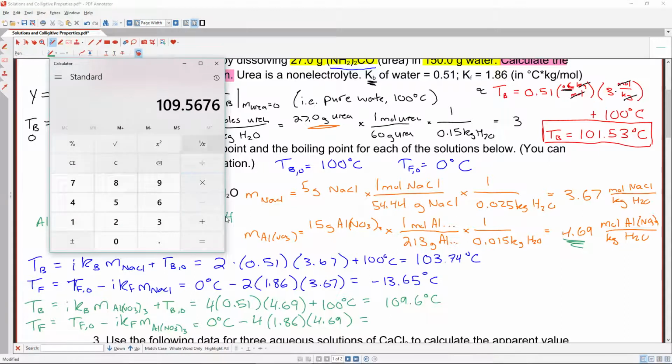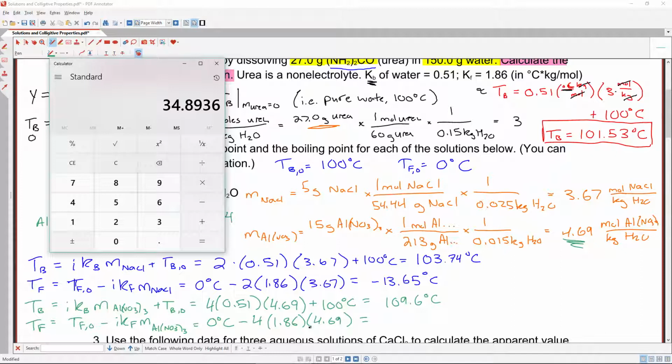So let's do that. 4 times 1.86 times 4.69 is equal to 34.89. It's pretty big. Makes sense.